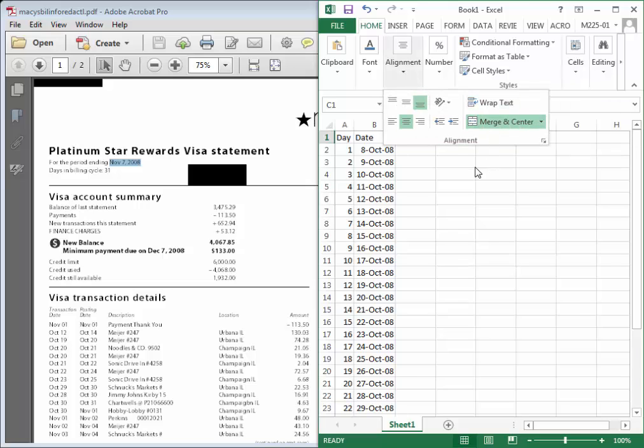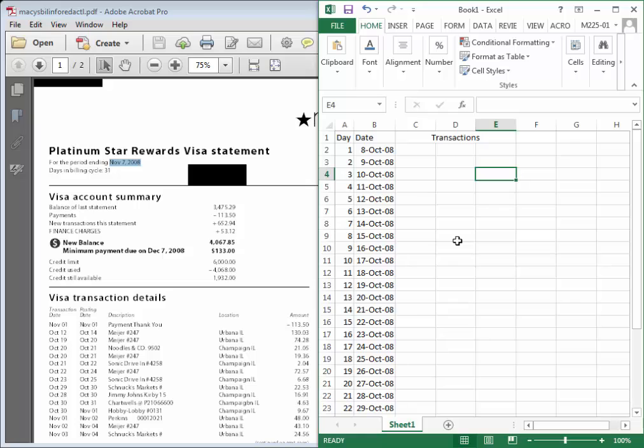There we go. Because I've got some days, as we'll see, I can see just looking at it, I've got multiple transactions on the 21st here, multiple transactions on the 30th. So I've got some days with more than one transaction, and I want to make sure that I can deal with that.